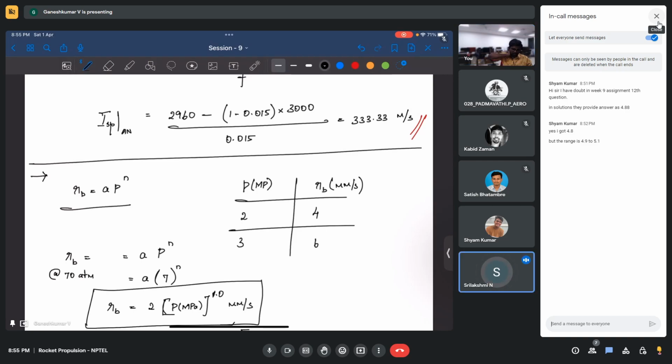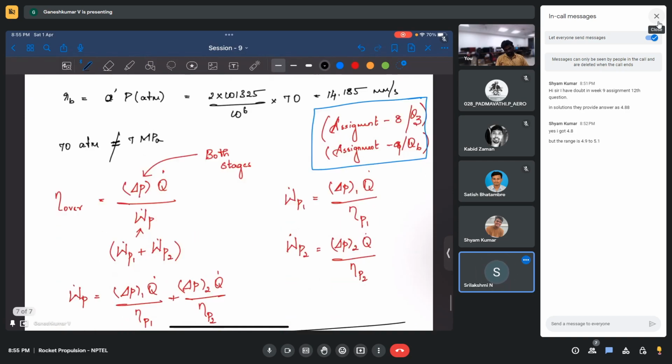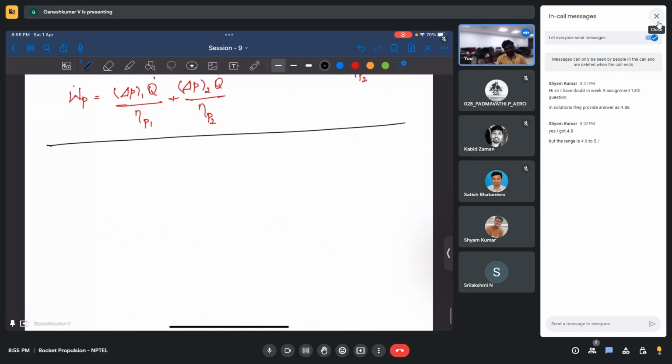But theoretical gave me a slightly wrong answer, slightly less and out of range from the answer given. But if I put the actual C star, the answer is coming within the range in the set. Actual C star is giving the correct results.